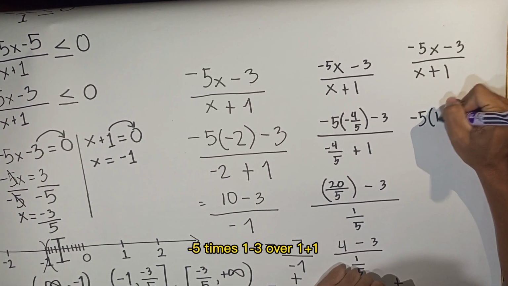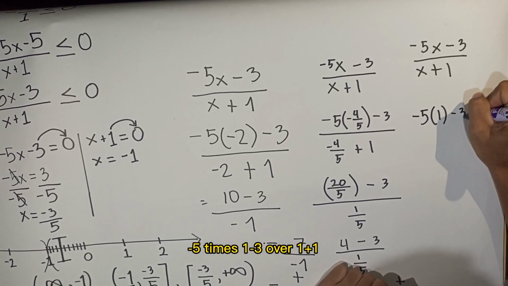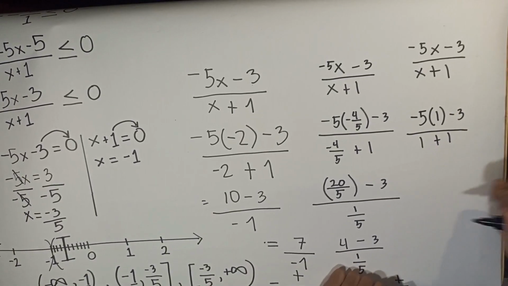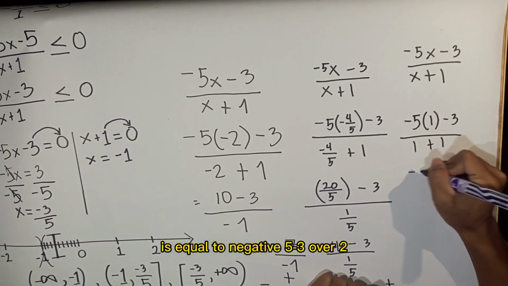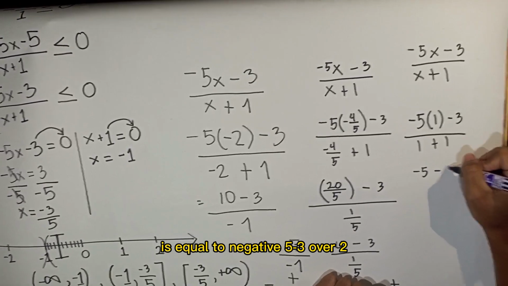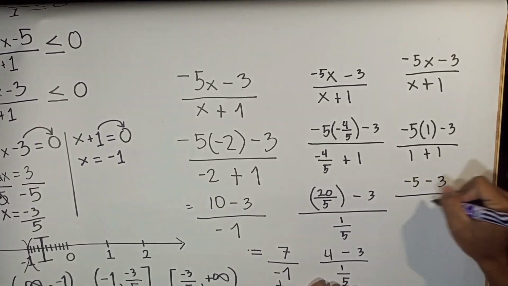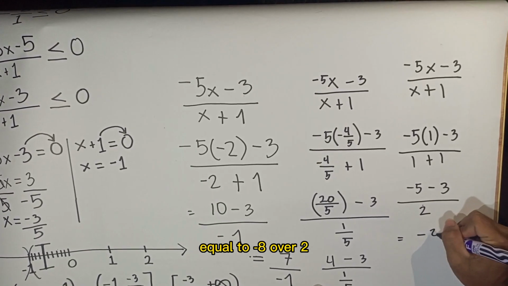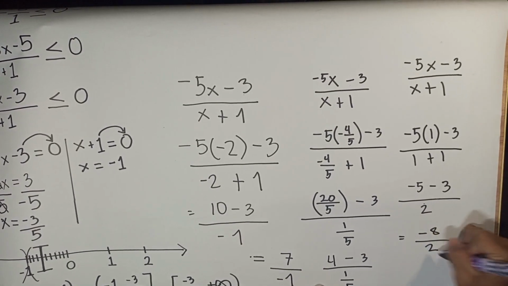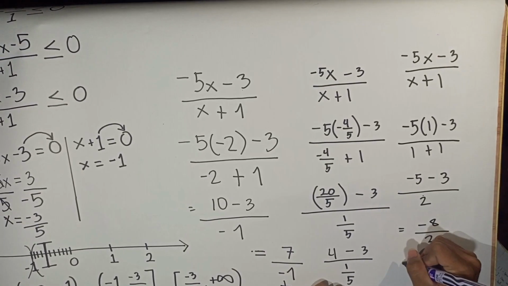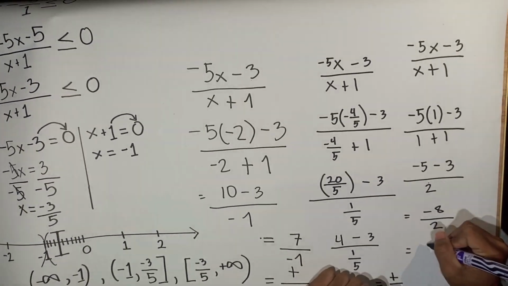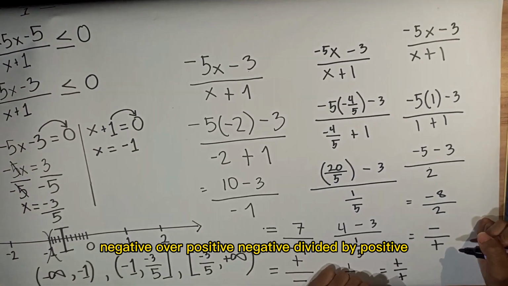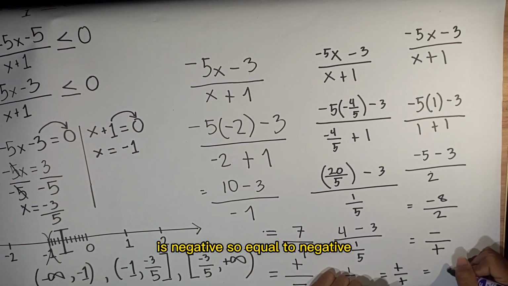So, -5 times 1 minus 3 over 1 plus 1 is equal to -5 minus 3 over 2, equal to -8/2. Negative over positive. Negative divided by positive is negative, so equal to negative.